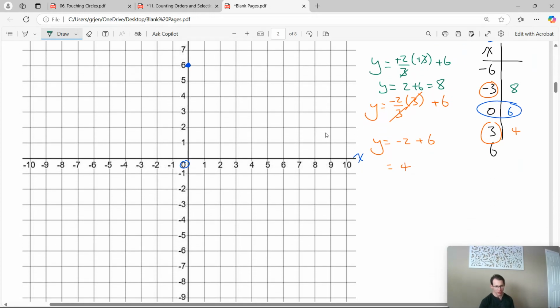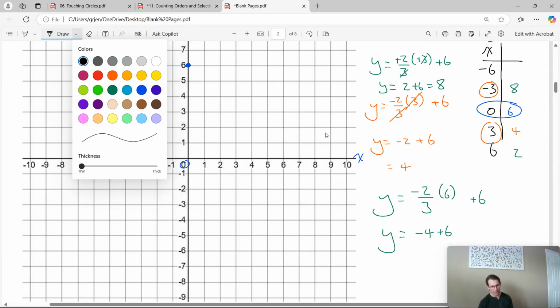Let's see what else happens. So let's try x equals 6. So we'll say y is equal to negative 2/3 of 6, which is negative 4, plus 6. Okay, so that's going to be y equals negative 4 plus 6. That's 2. And then the last one that we'll look at is negative 6.